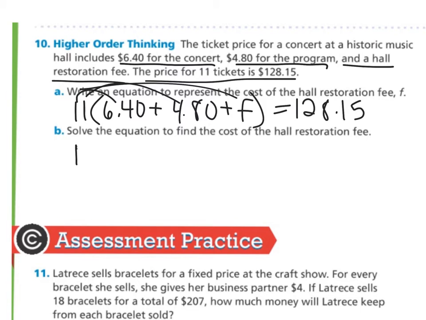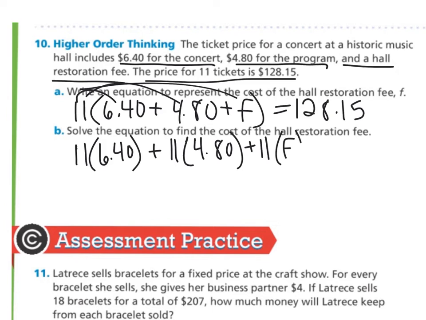The next step would be a different way you could have written your equation to start with. We have 11 6.40s, we have 11 4.80s, and we have 11 restoration fees. So if we multiply these, it would be $70.40. 70.4, we could add a 0 since we're talking about money.